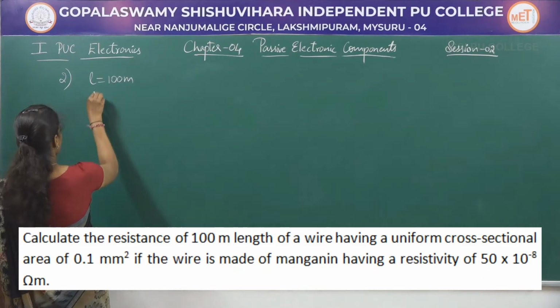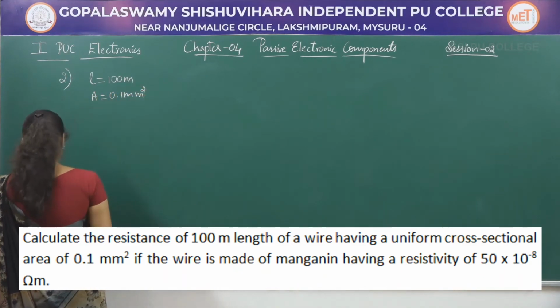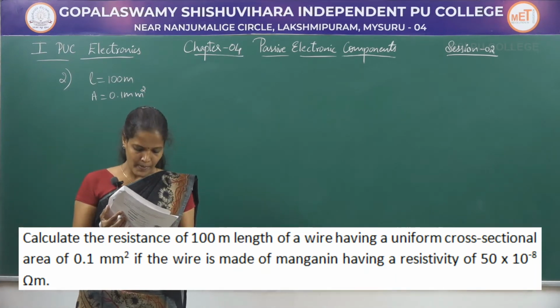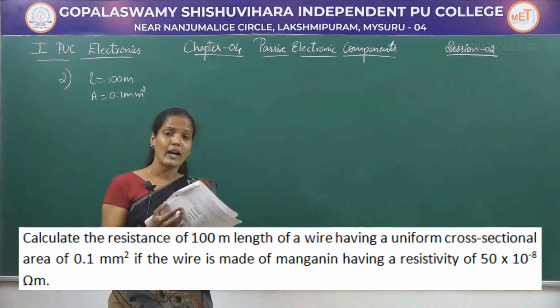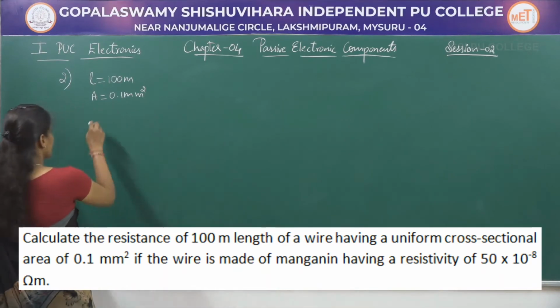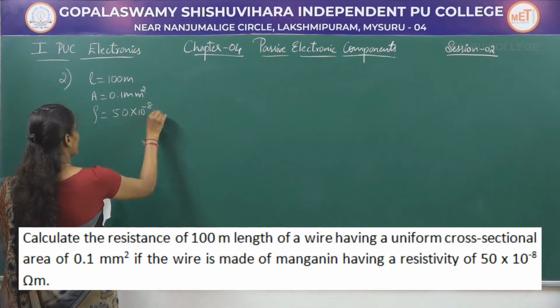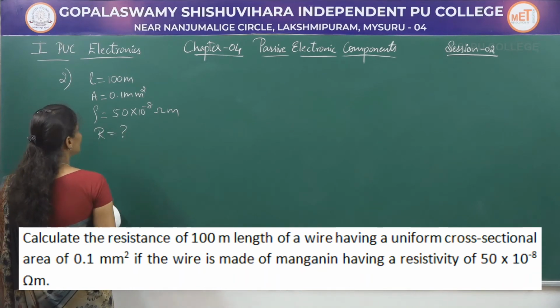So, area is equal to 0.1 millimeter square. If the wire is made of manganese having a resistivity of 50 into 10 to the power of minus 8 ohm meter. Resistivity is given, which is equal to 50 into 10 to the power of minus 8 ohm meter. For these values you have to find out the resistance.